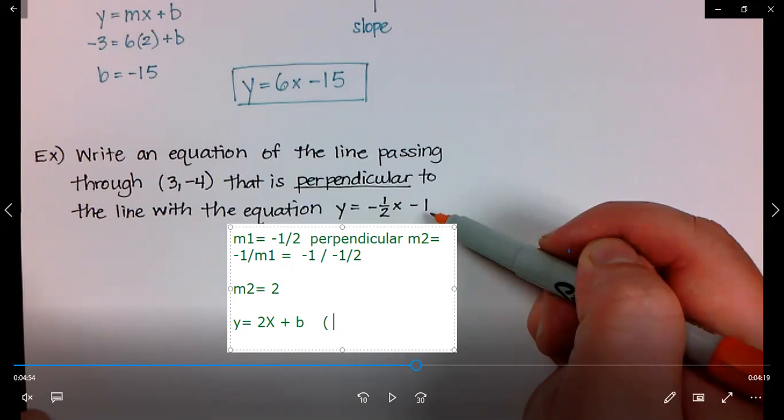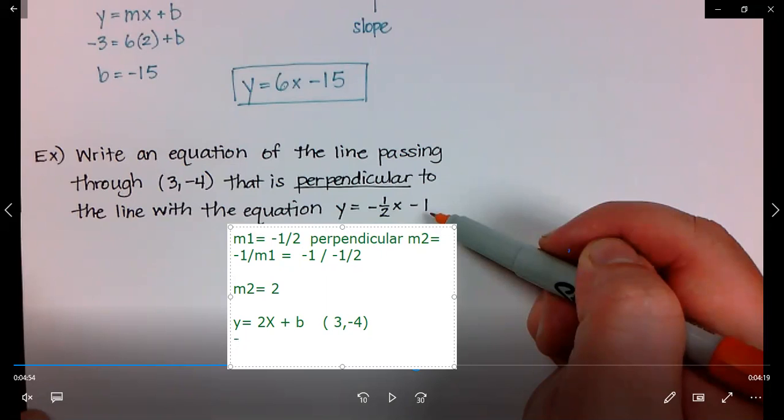Already he gave us 3 and -4. Since it will pass through this point 3 and -4, this point will satisfy the relation, or satisfy the equation.